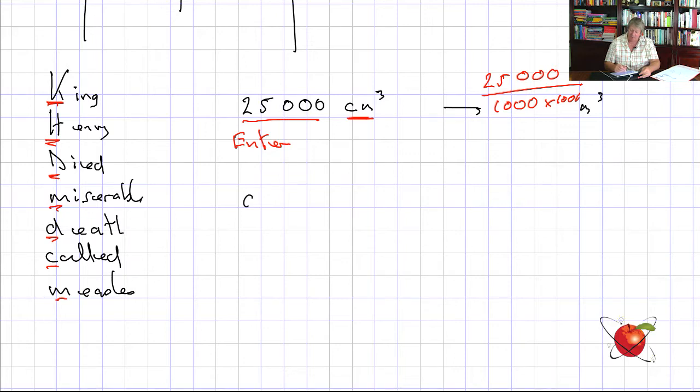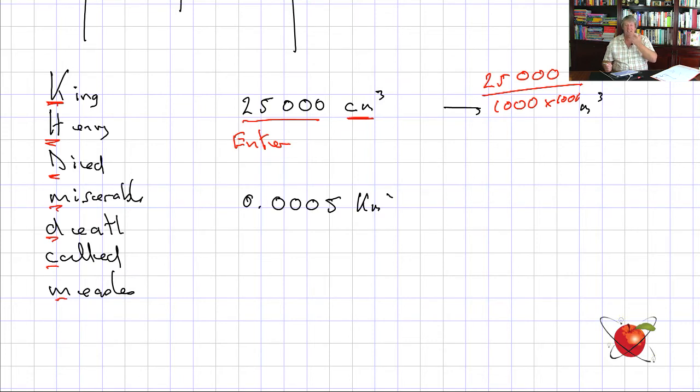Let's do another example just quickly. Let's say we've got 0.0005 square kilometers. Let's leave it like that.